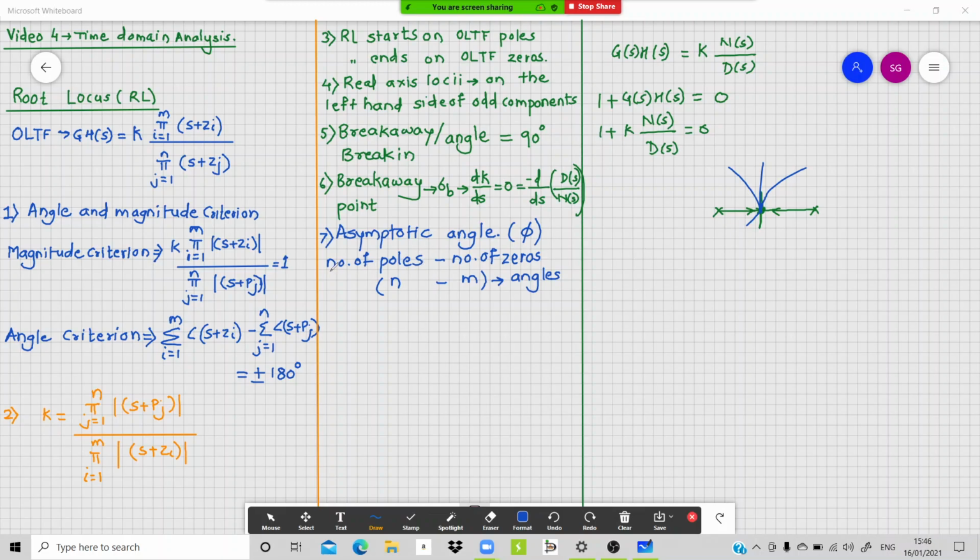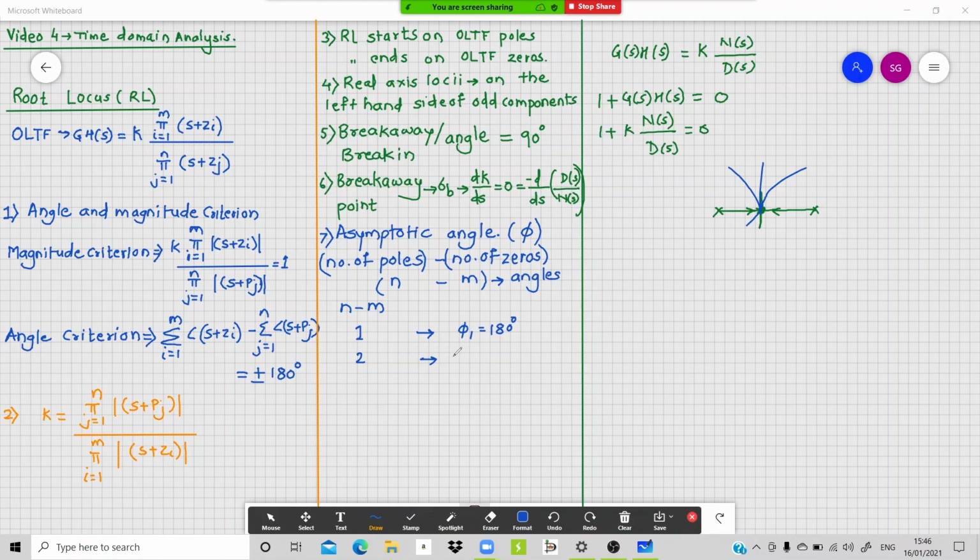So the number of poles minus the number of zeros, n minus m, will decide how many angles you have. For example, if n minus m is 1, that means one extra pole is going towards infinity, and the angle is 180. I'll write the formula below. Just try to remember these, but if it comes in the exam, solve it with the formula.